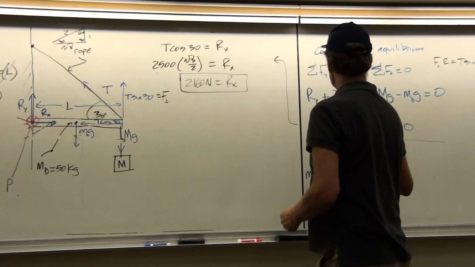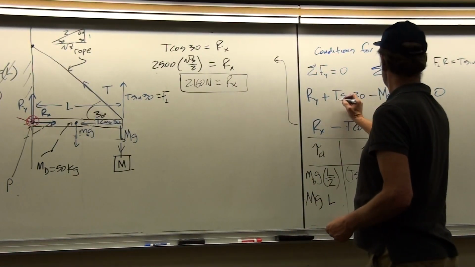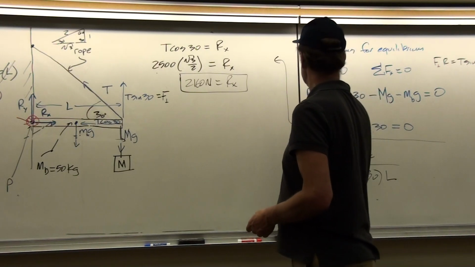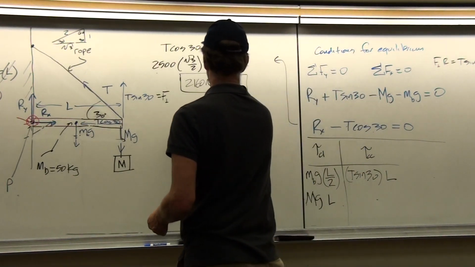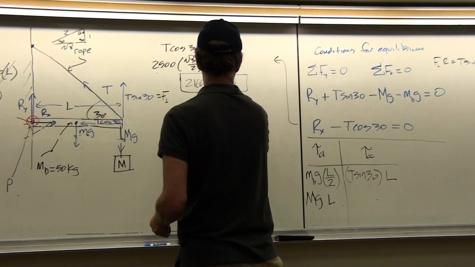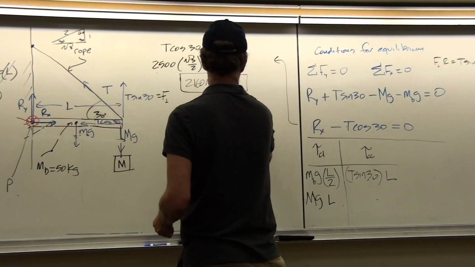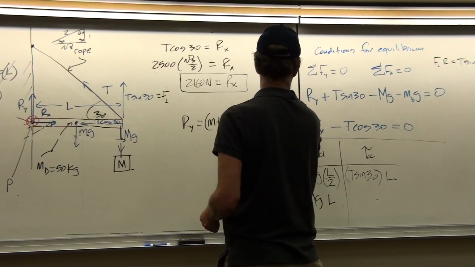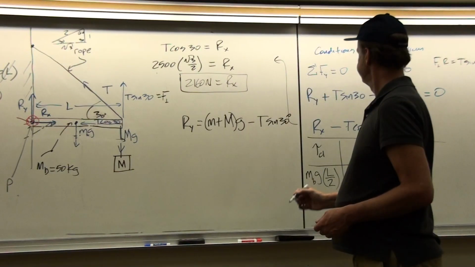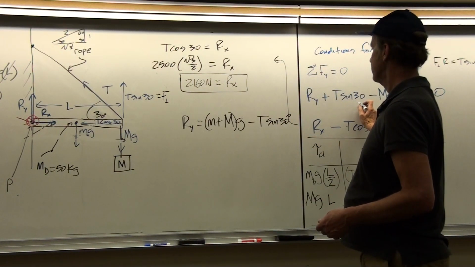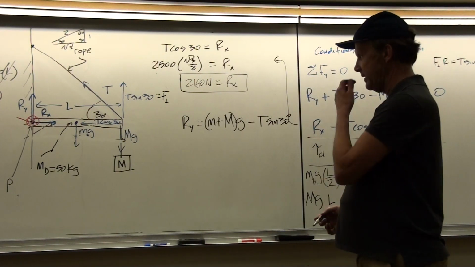Now finally, we can use what we know about the tension to also solve for Ry in this top equation. We can write that Ry is equal to little m plus big M times g minus T sine of 30 degrees. That's just this equation rewritten and solved for Ry.